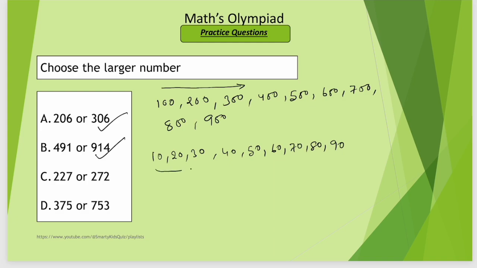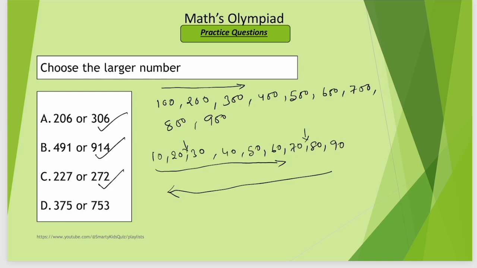So again, when we go from 10 to 20, 30, we call it ascending order. When we come back from 90, 80, 70, 60, we call it descending order, right? So here 27 will come somewhere after 20 and before 30. 72 will come somewhere after 70 before 80. So this one is largest.